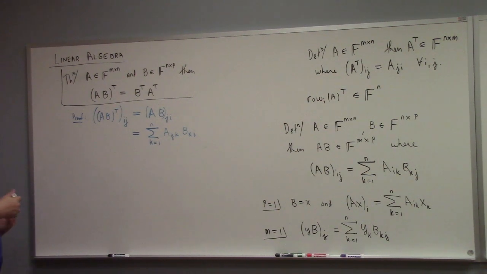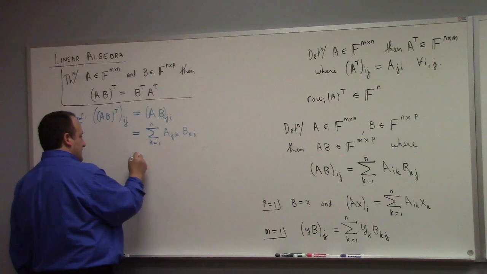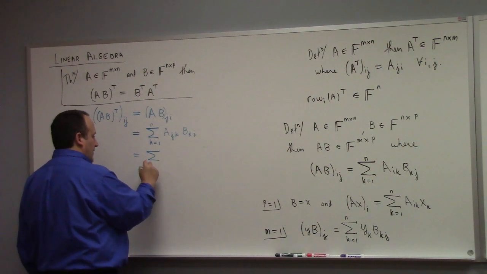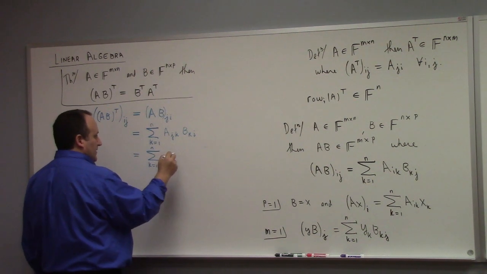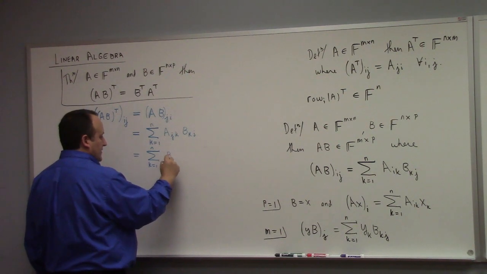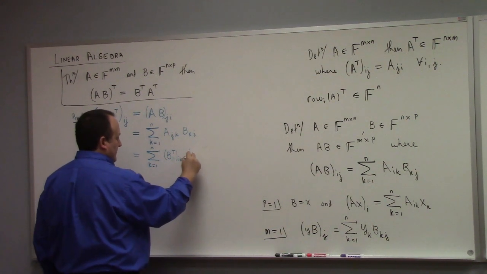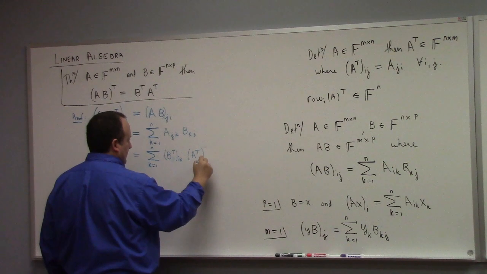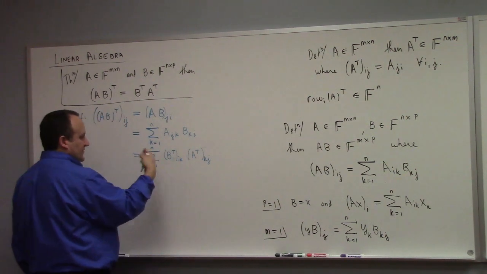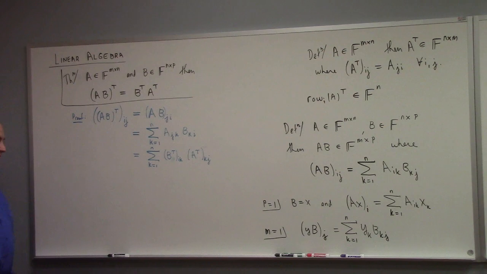Okay, so then you go, wait a minute, that is exactly the sum k equals 1 to n of B transpose_ik times A transpose_kj, where I've taken the liberty of exchanging the order of the product, and that makes sense as long as we're over a field, which is commutative. In fact, everything I've said so far is equally true over a commutative ring with identity.